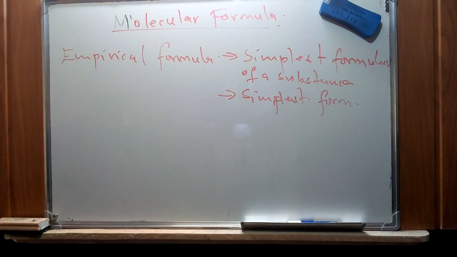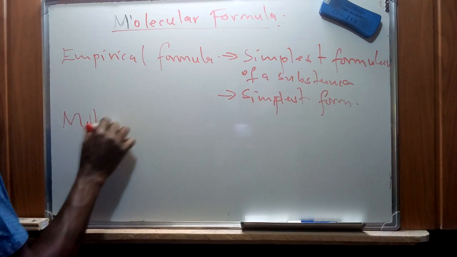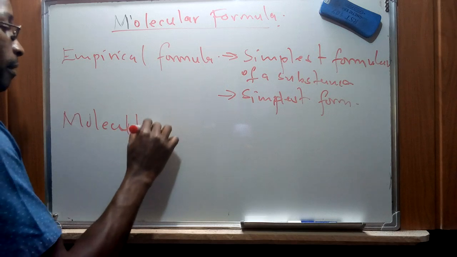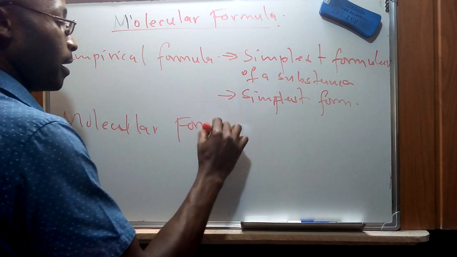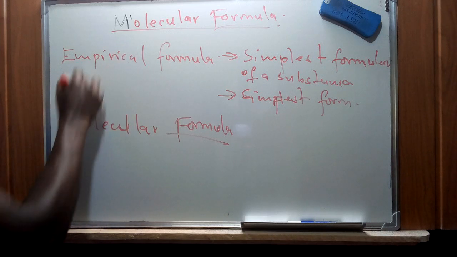So basically, empirical formula, as we said, is the simplest. Now the definition for the molecular formula, just to differentiate the two aspects of the formula. Of course, both of them are formulas, but the difference is the molecular and empirical formula.